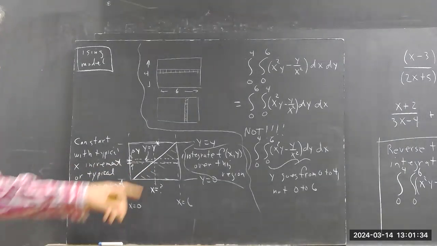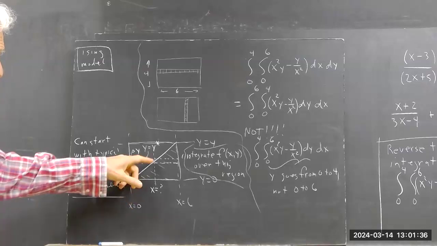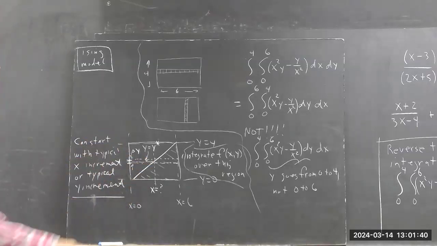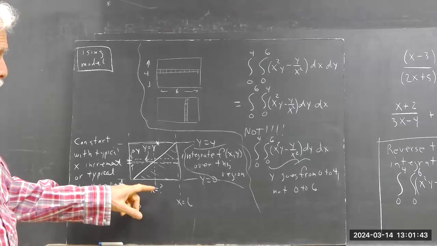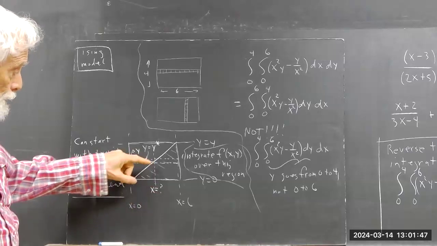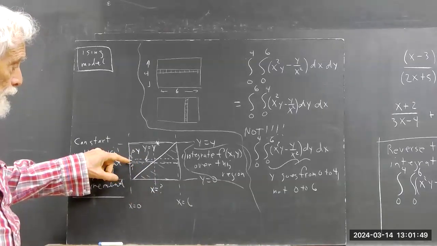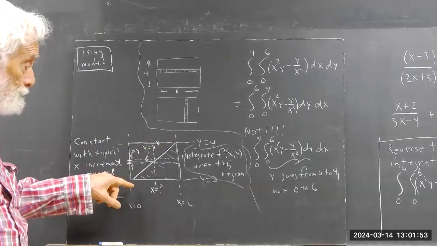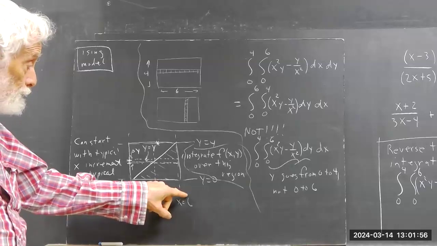So again, what x increment are we going to have to partition for this given y increment? To do that, the x increment will go from x equals whatever it is where the line y equals y star intersects this upper boundary, out to x equals 6.